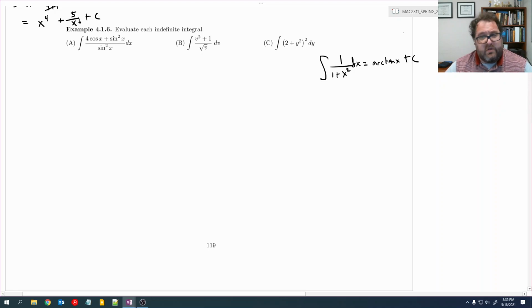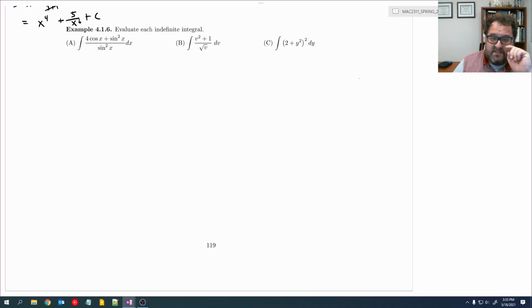Because we know the derivative of arctan is 1 over 1 plus x squared. So there are some exceptions to that rule that quotients need to be rewritten, but here we don't know. This, like 4 cosine x plus sine squared x over sine squared x, is not something that we have memorized in our antiderivative list.